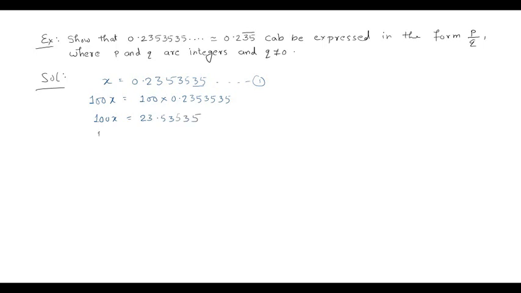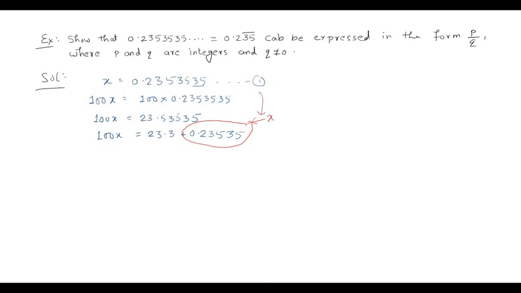Again, we can break this up as 23.3 plus 0.2353535... Again, from equation number 1, we can see this is the value of x.